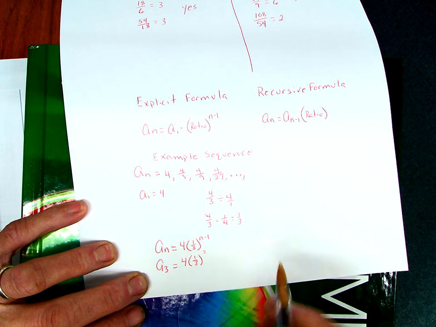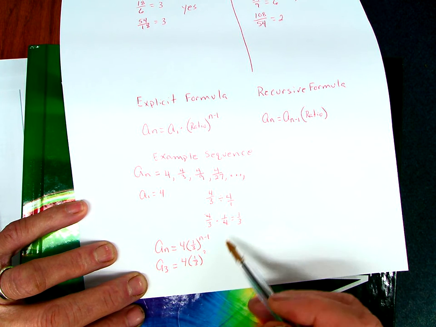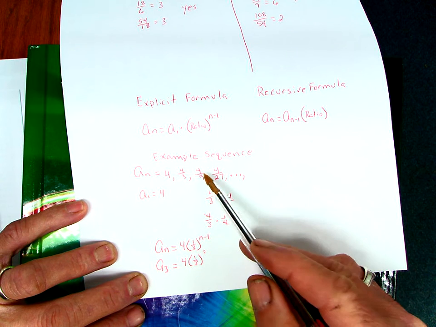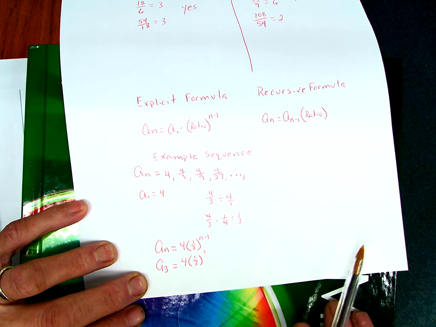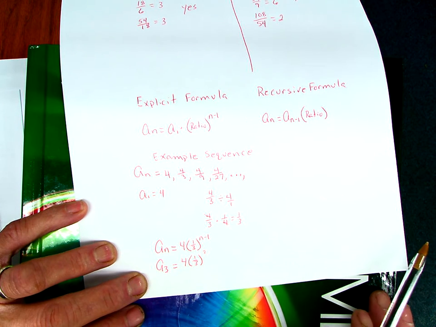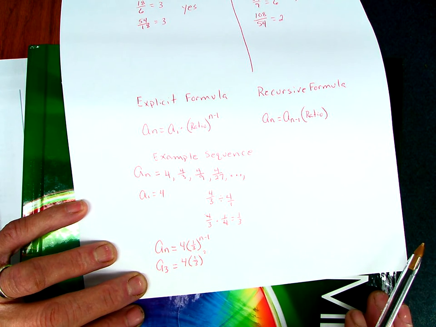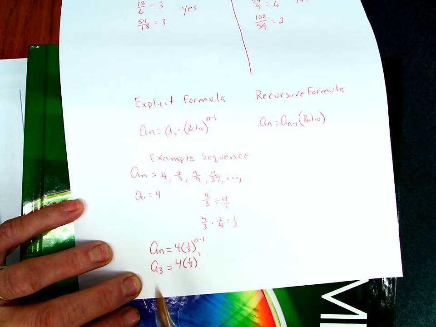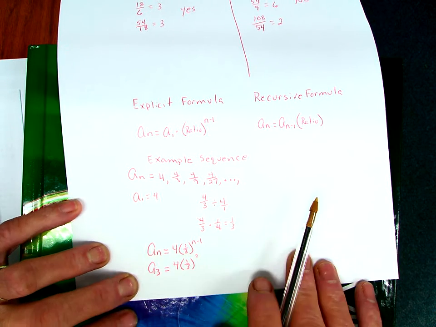And then I'd type that in my calculator and solve it. 1/3 squared is 1 over 9. 4 times 1 over 9 is 4/9. Looky there. Third element. If I needed to find the 100th element, as long as I knew the 99th, as long as I knew this number right here, I could calculate it.